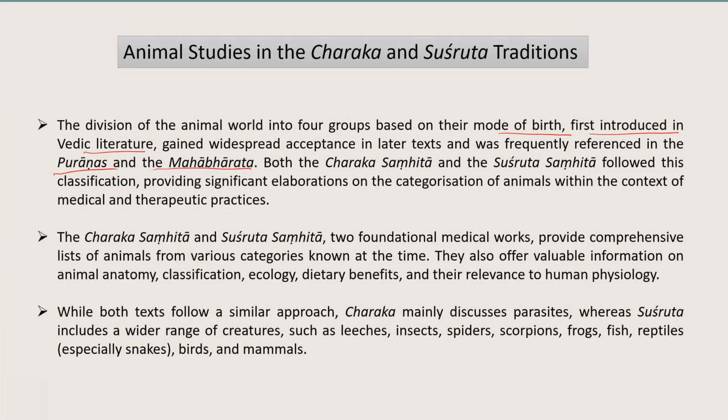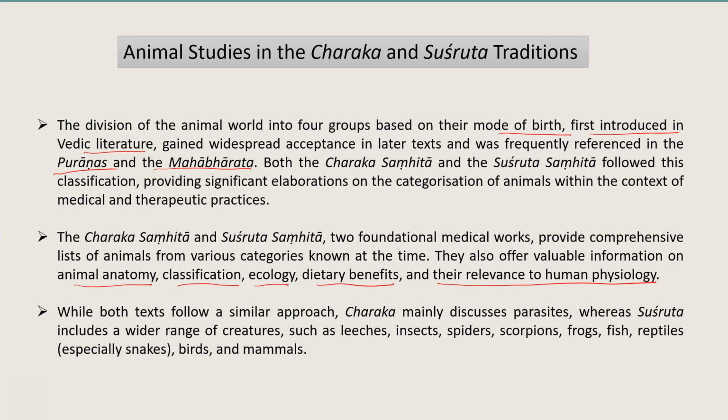The Charak Samhita and Susrut Samhita, two foundational medical works, provide a comprehensive list of animals from various categories known at that time. They also offer valuable information on animal anatomy, classification, ecology, dietary benefits and their relevance to human physiology.